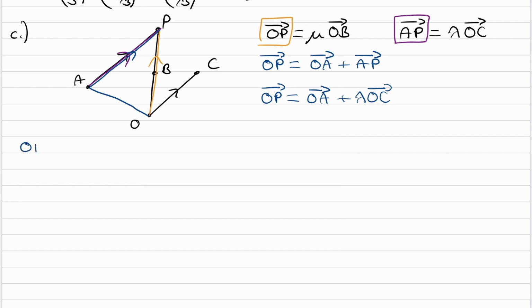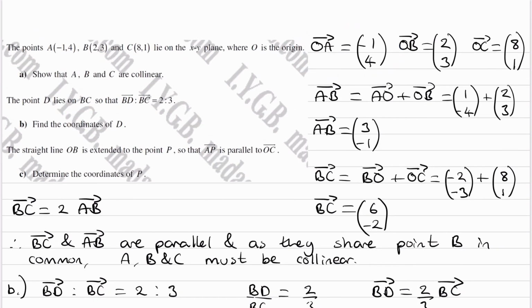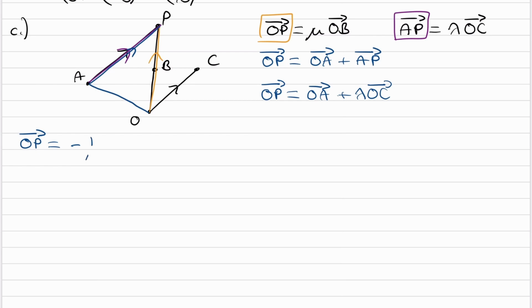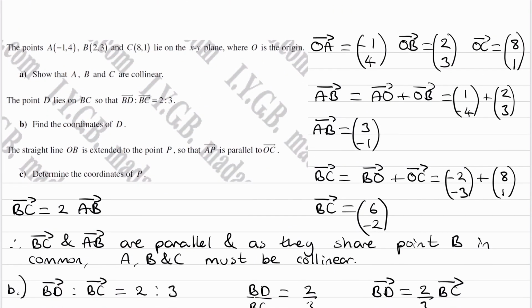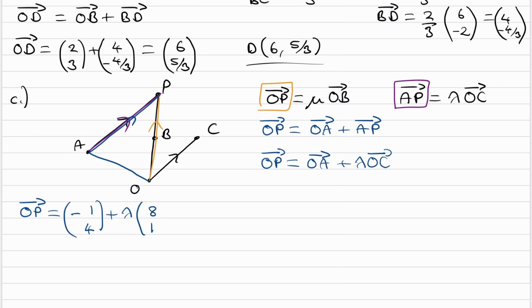Okay, so let's first work out what they are. So O to P, blue path, is O to A. O to A was minus 1, 4. So minus 1, 4, and then plus lambda OC, so plus lambda times OC, which is 8, 1. So this will be minus 1 plus 8 lambda, 4 plus lambda. Orange OP, that's just mu OB.